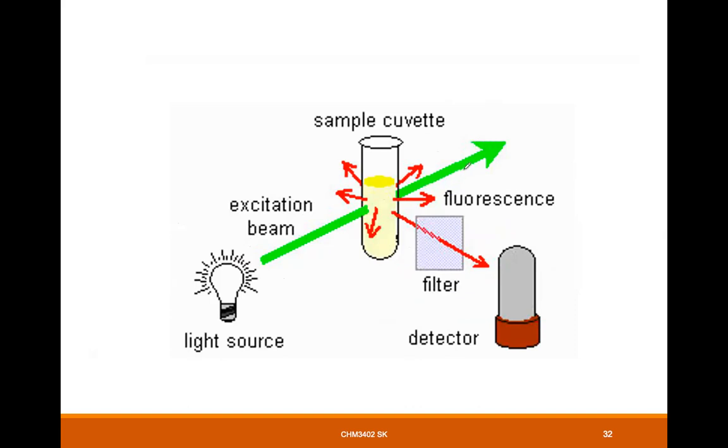Of course, we have the monochromator and beam cutter. I think it is always parallel in one line. But for fluorescence, the location of the detector is at 90 degrees. You can see this is the light source, this is the sample, but the detector is at 90 degrees. Why? Because this narrows down the signal.